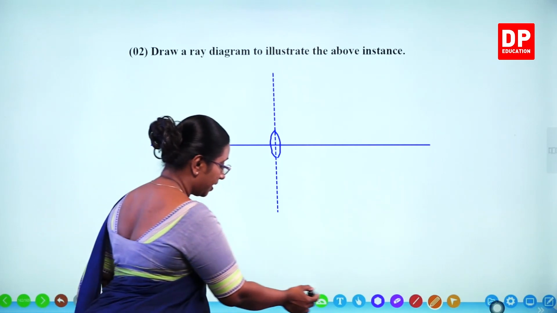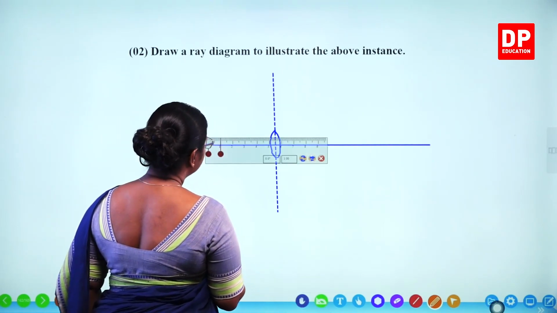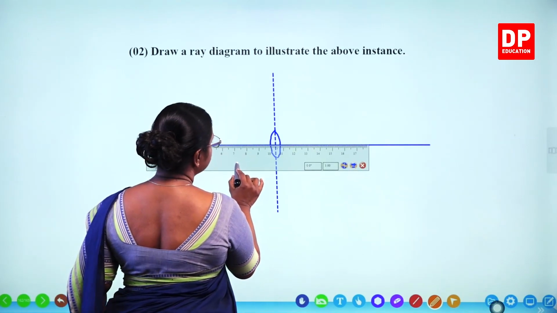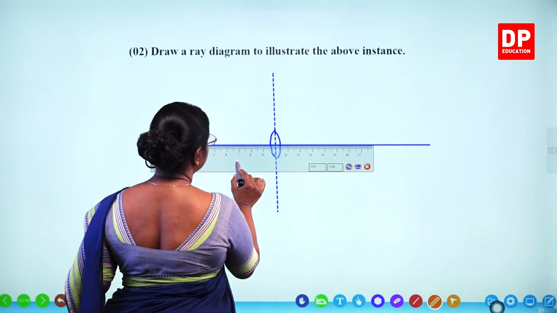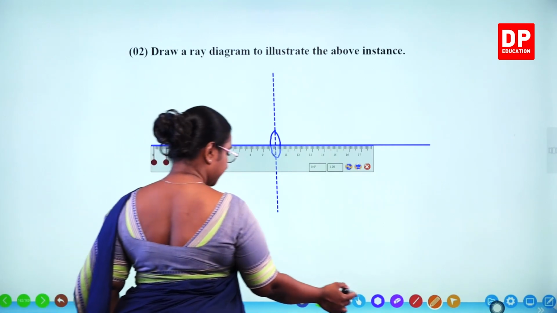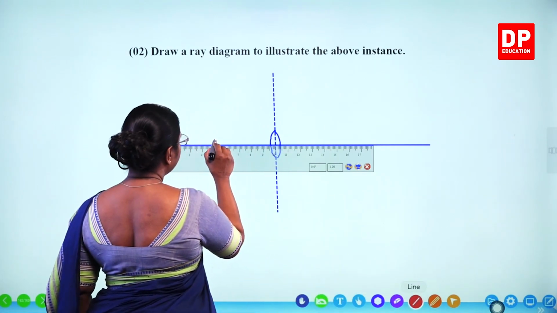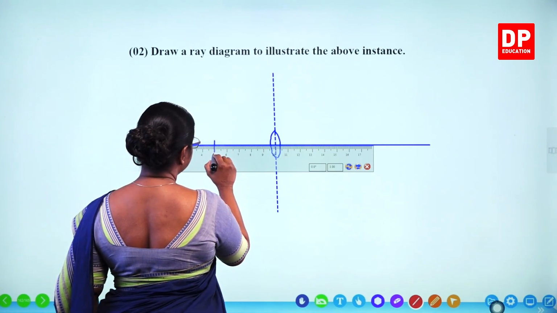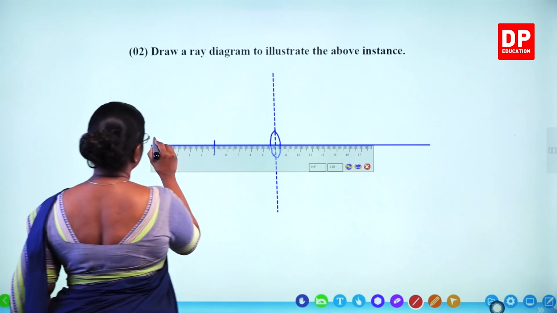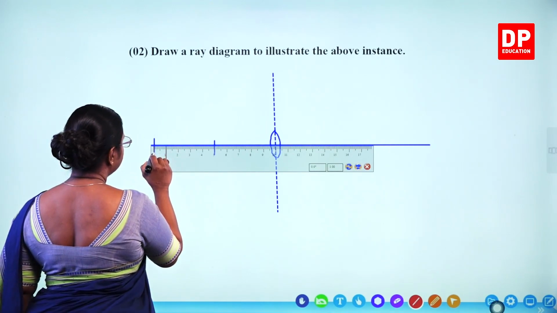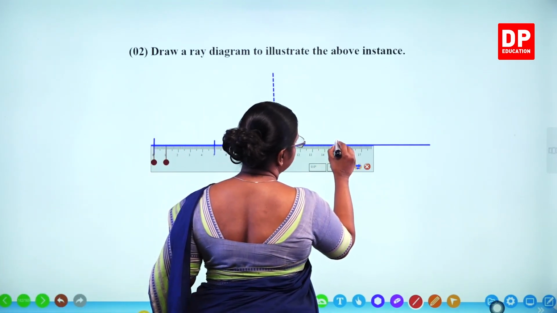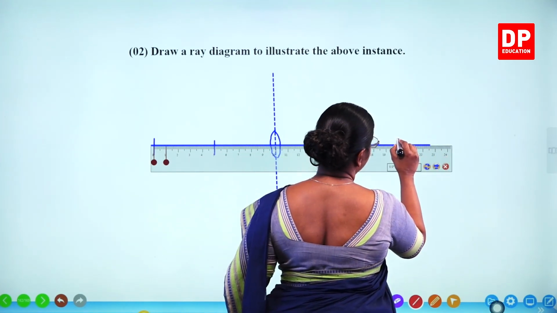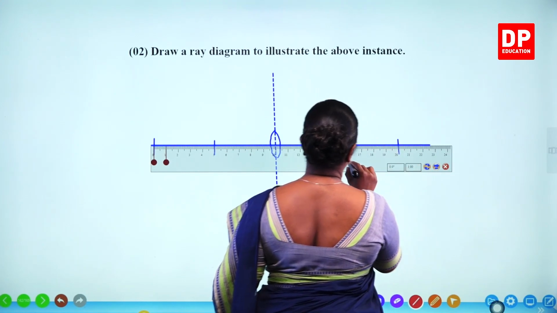What's the next step? I'm sure you know that. To mark the points. So again, need to mark F, then 2F, and F and 2F on this side as well.